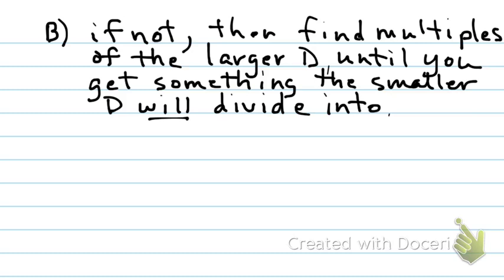So the LCD is always based on the larger one. So when we're doing this, we're finding multiples of which one? The larger one, until we get something that the smaller denominator will divide into. So we're going to make the bigger one even bigger, in other words.